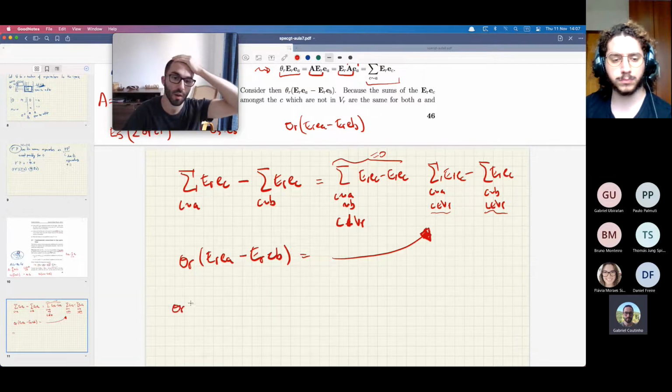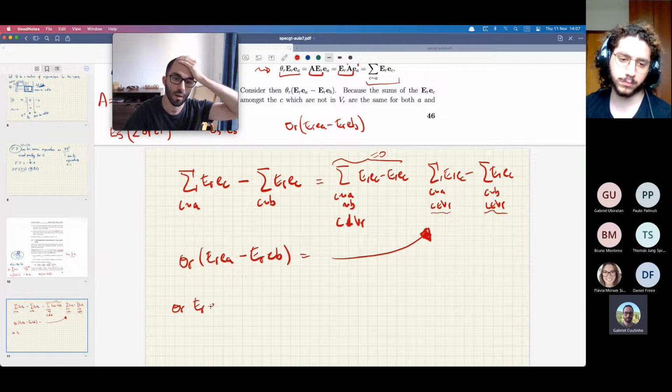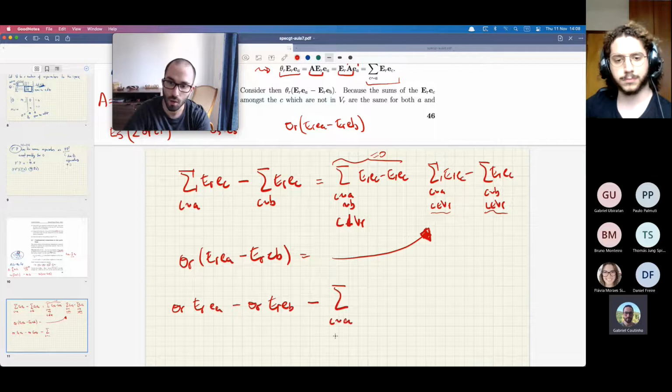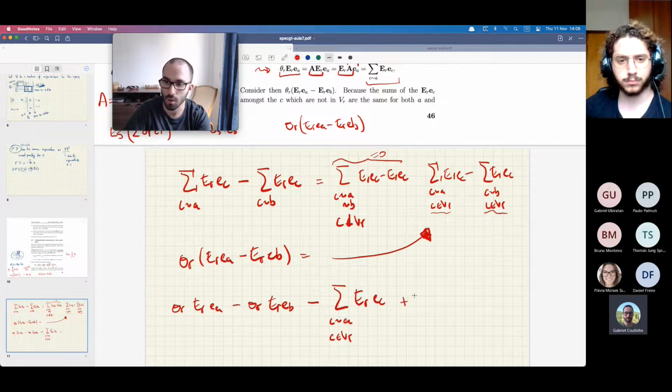I have theta r I sub r I sub a minus theta r I sub r I sub b minus the sum of the C neighbors from A, C belongs to V sub r, I sub r, I sub c. Let me use now another index. Let's say D neighbors from B, D belongs to V sub r, I sub d equal to 0.